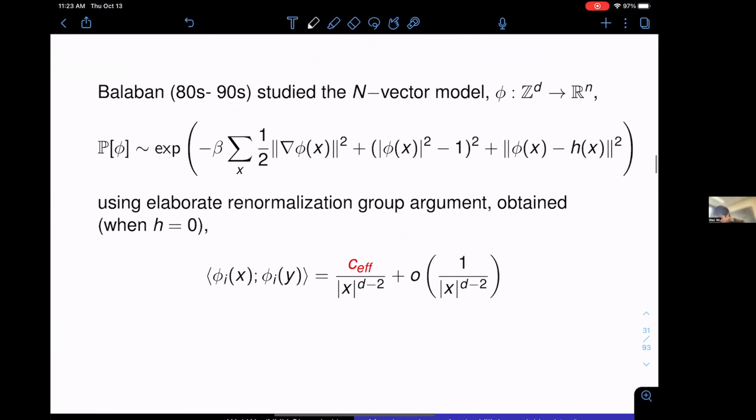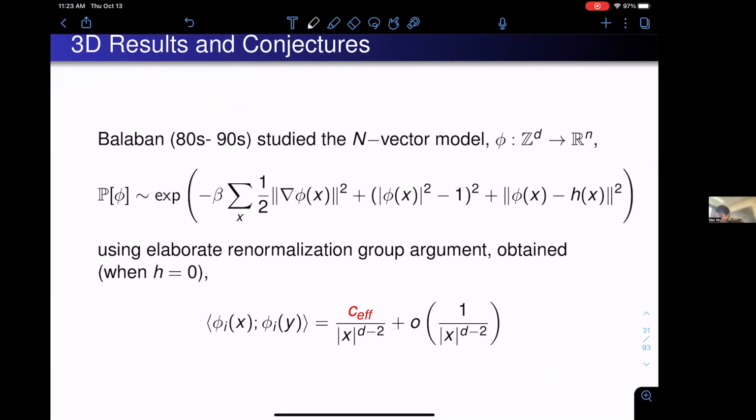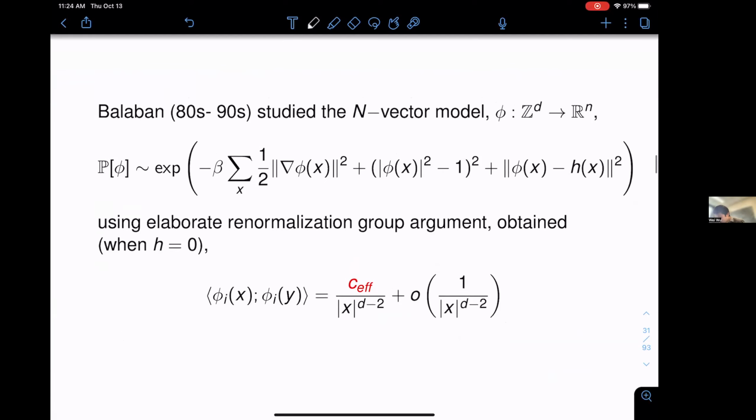Before mentioning that, we should also mention that there is a sequence of works by Balaban in the 80s, using very elaborate renormalization groups, to obtain the correlations for the n-vector model, or even for the n-component spin models in 2 dimensions, achieving the asymptotics. These works still seem like a black box to me; they are very complicated and we did not understand them very well.